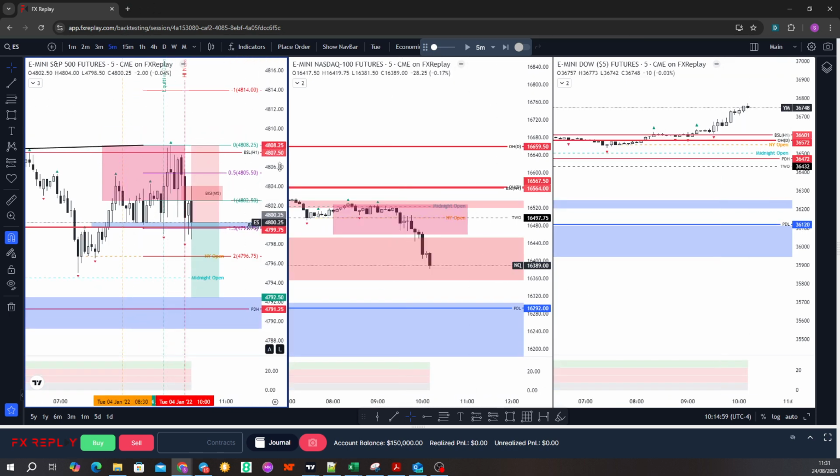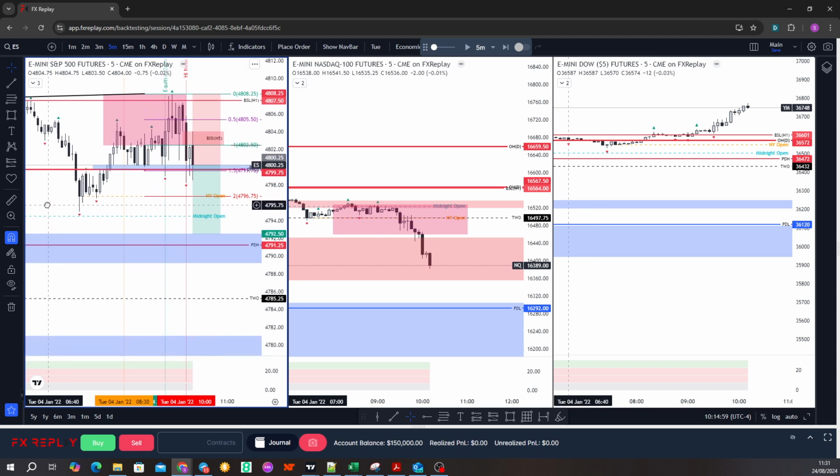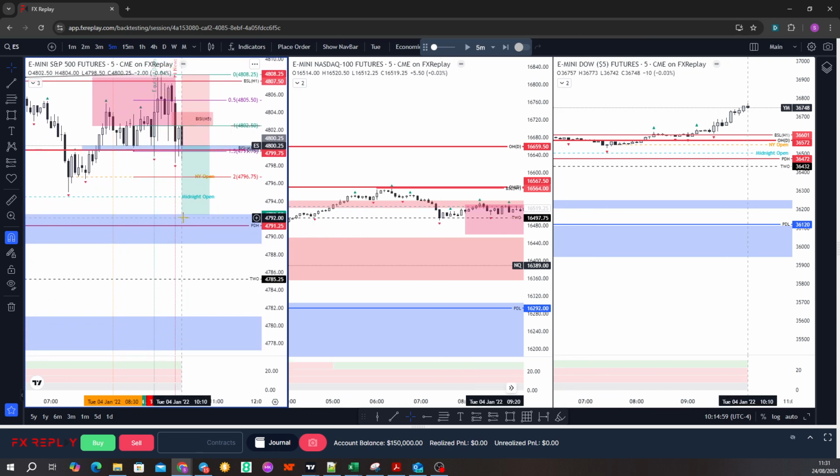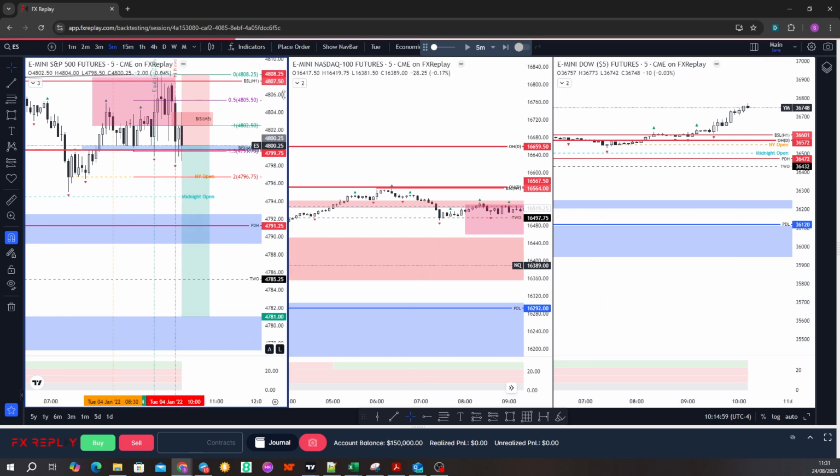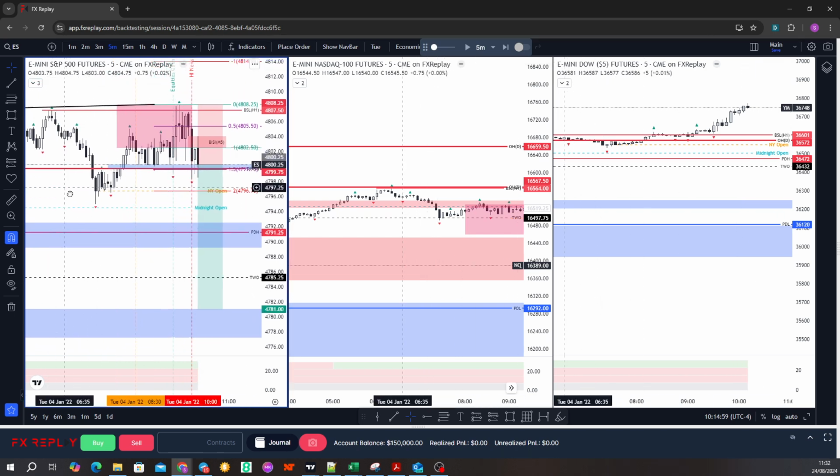Okay. So the lower fair value gap, we believe, could well target. Okay, let's try. So look at that.